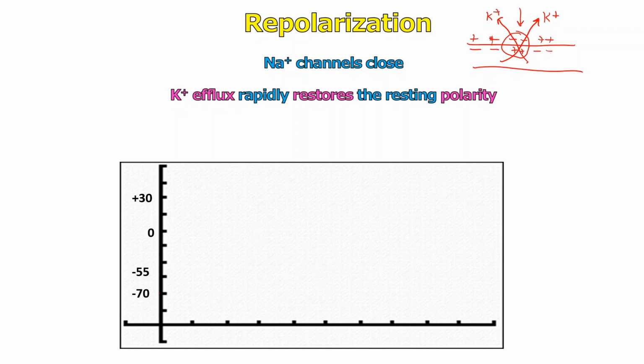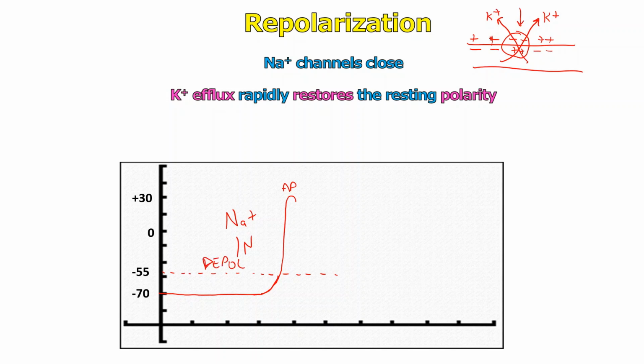So let's check it out. Here's our resting potential. Here's our threshold level, somewhere about minus 55. And now we're going to hit it with a stimulus that is above threshold. So we get a weak or local depolarization. It's going to snap up as an all or none phenomenon into a full-blown action potential. Remember, this is caused by sodium coming in. And this is the depolarization phase.